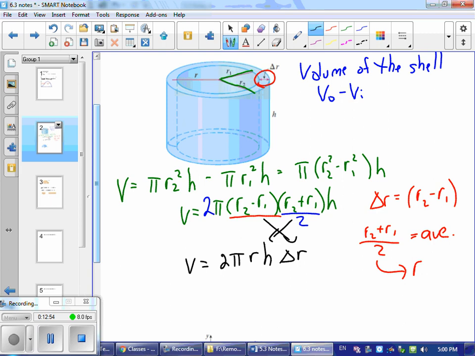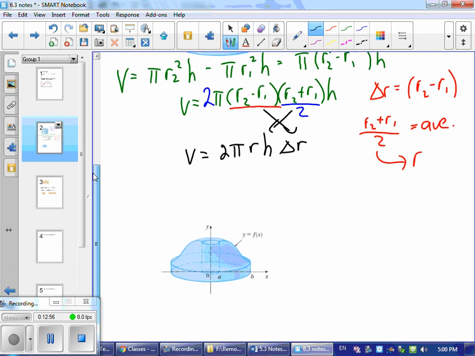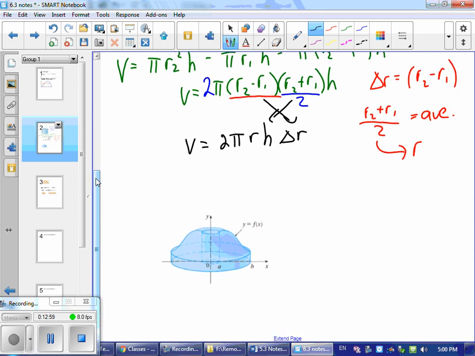All right, now let's pick out a couple of things that hopefully you remember. 2 pi R. What does 2 pi R represent typically? 2 pi R is the circumference of a circle. We're talking about a cylinder here, which is round, so it's going to have a circumference. So the 2 pi R part is really just the circumference. H, of course, is just going to be the height.